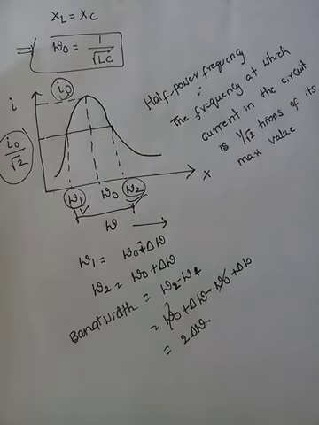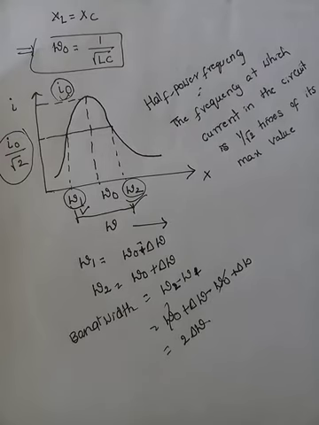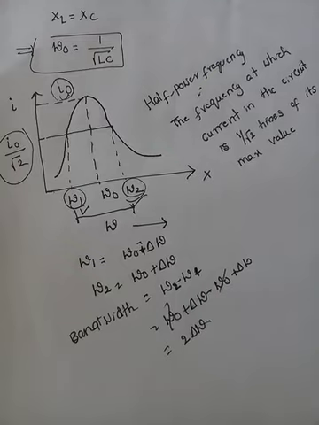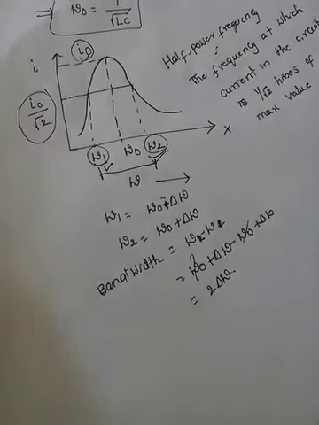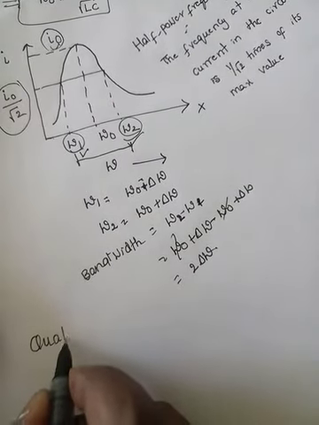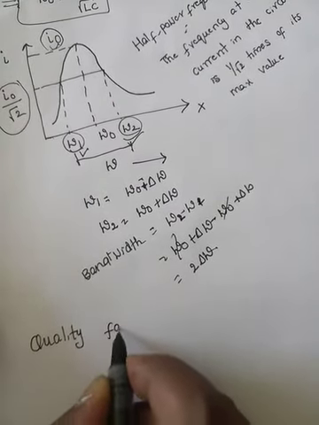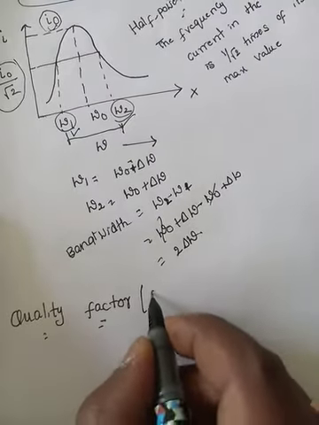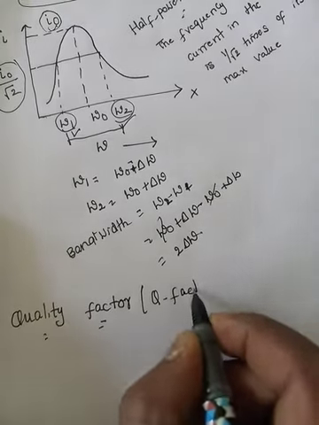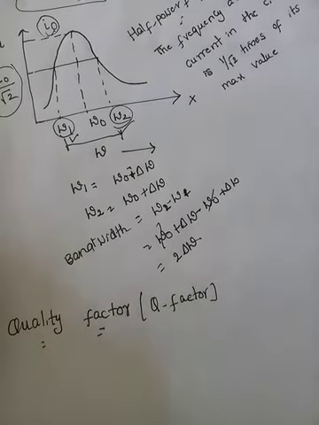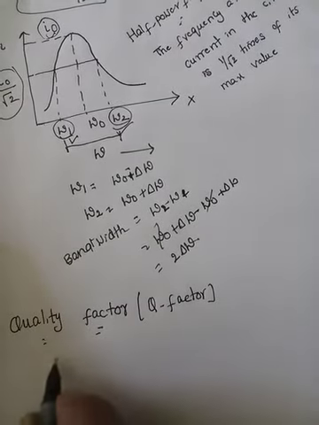Now, we are drawing this graph to know the sharpness of resonance, how sharply it can produce maximum current. That is explained by a quantity called quality factor. What is quality factor? In short, it is the Q factor.